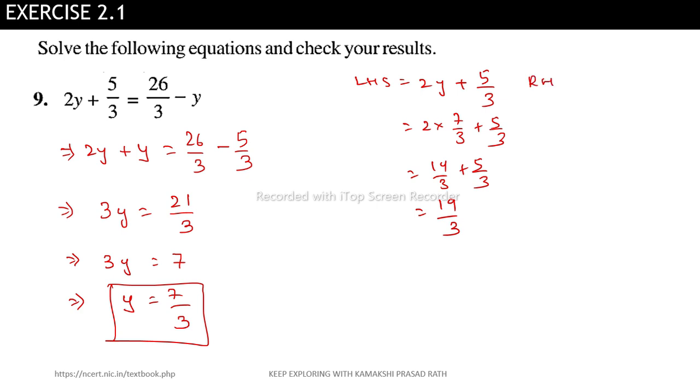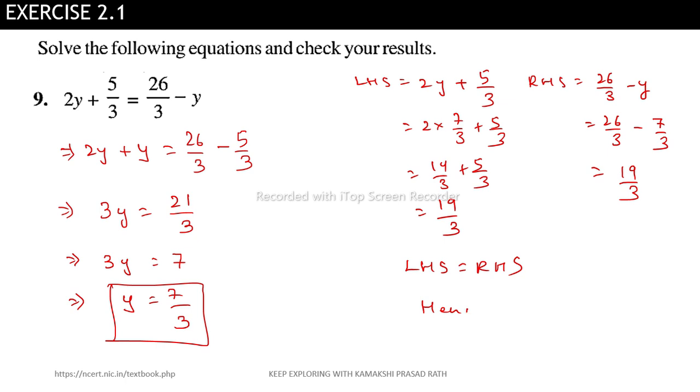On the right hand side, we have 26 by 3 minus y. Y is 7 by 3. So 26 minus 7, we get 19 by 3. So again, left hand side is equal to right hand side. Hence, verified.